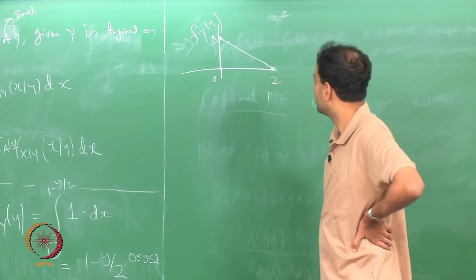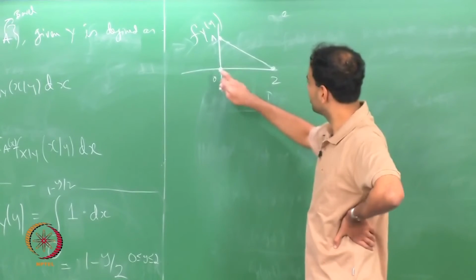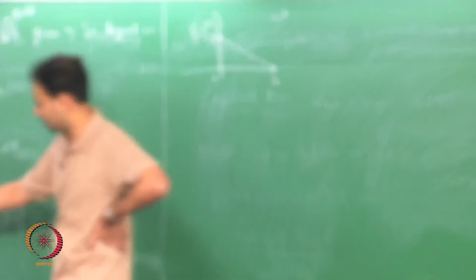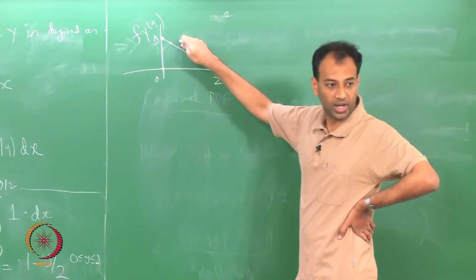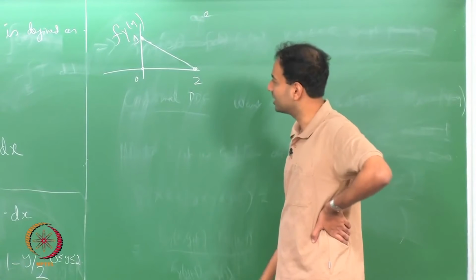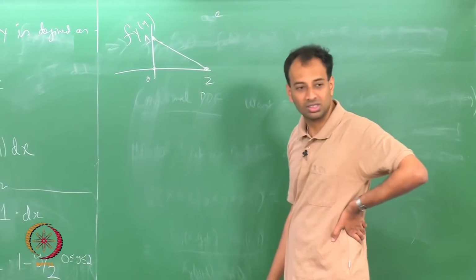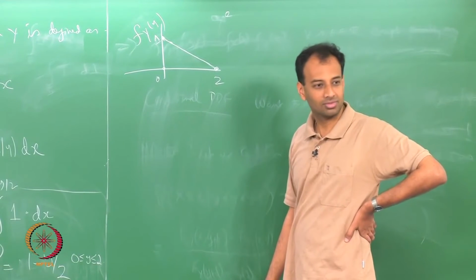So, now I am plotting. This is simply the x y plane, but this is a plot of the density of y, and you can see that this is a valid density because it integrates to 1, okay.